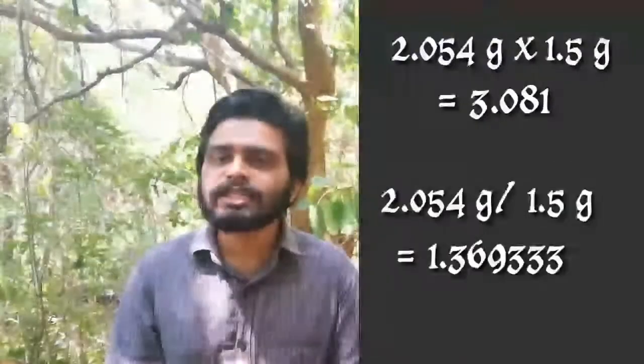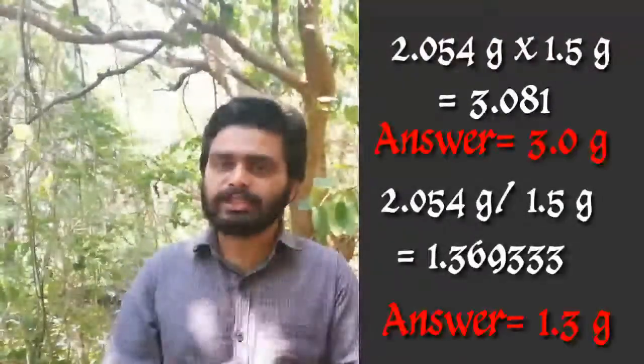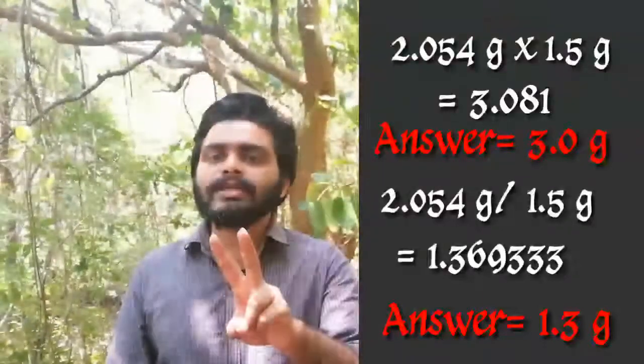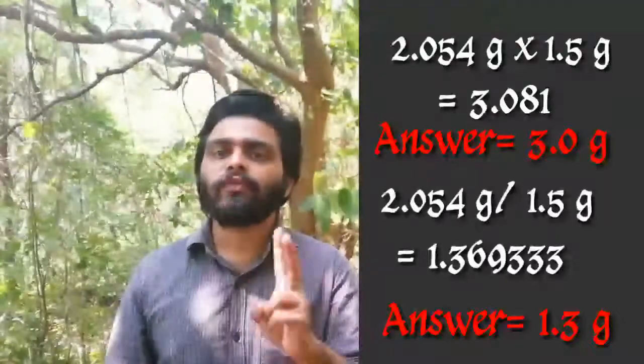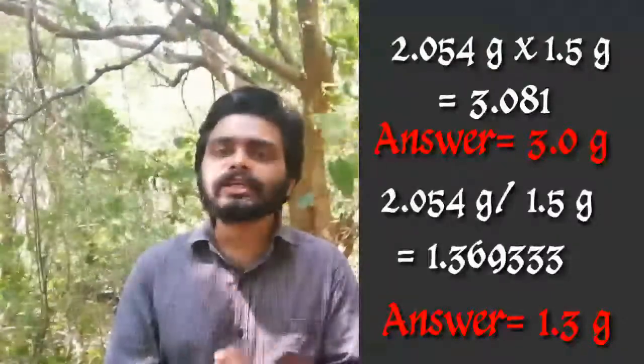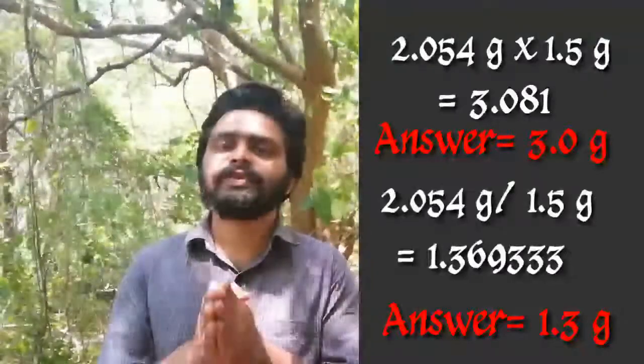Then the final answer should retain only 2 significant digits, because among the individual values the least is 2, that of 1.5.